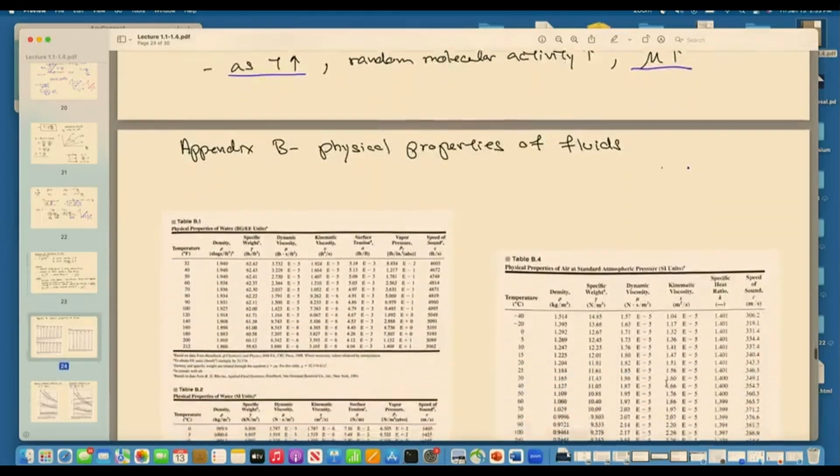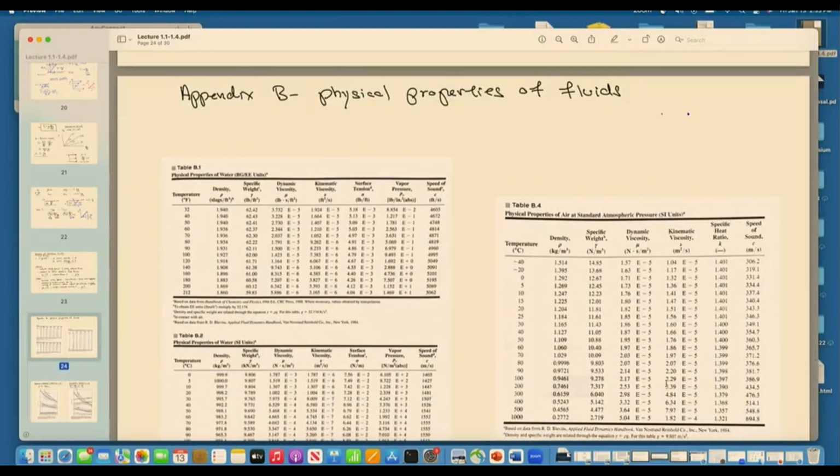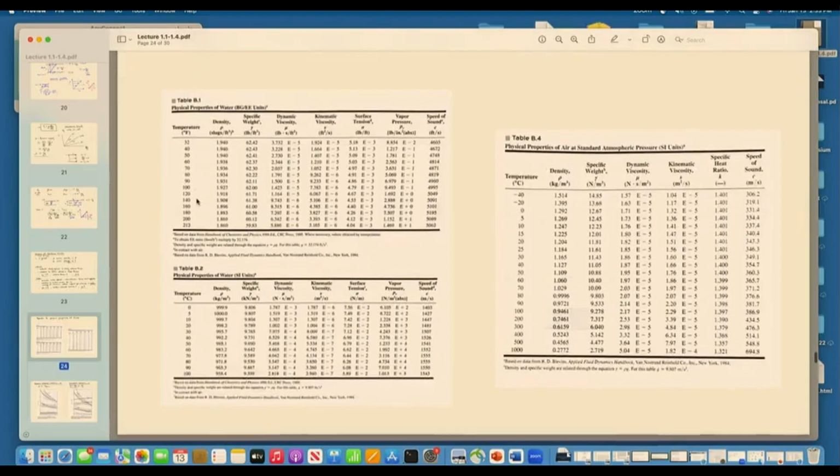Just FYI, if you need to account for that and you're given a temperature and you need to look up viscosity, your textbook Appendix B has the tables that I was referring to. With temperature, you can look up the density, the specific weight, the dynamic viscosity, and also the kinematic viscosity.